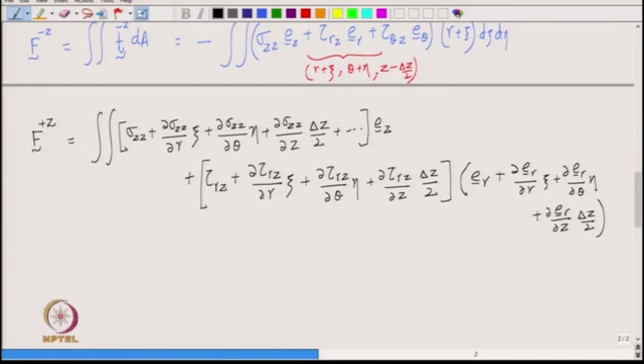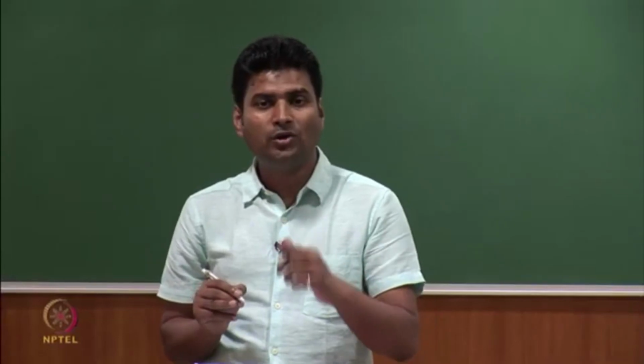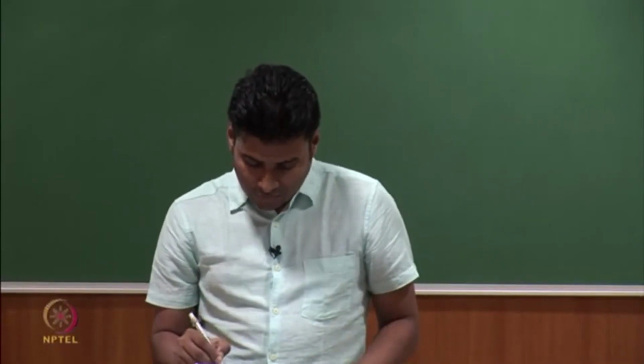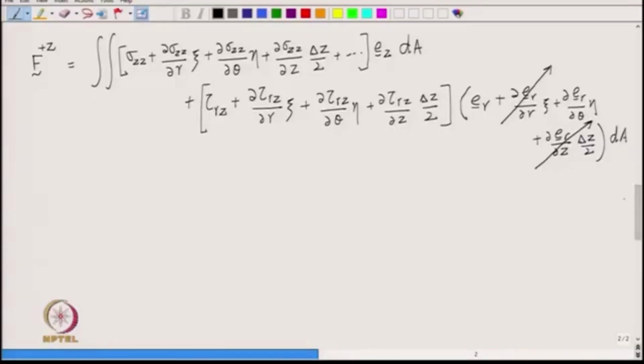So, here also we have d a and we have got dA even here, and remember that dA is r plus zeta d zeta d eta. And as we figured out that the basis vectors E r and E theta change only due to theta, so these ones are 0. Likewise, we have to also do Taylor's expansion of tau theta z. It is quite complicated.